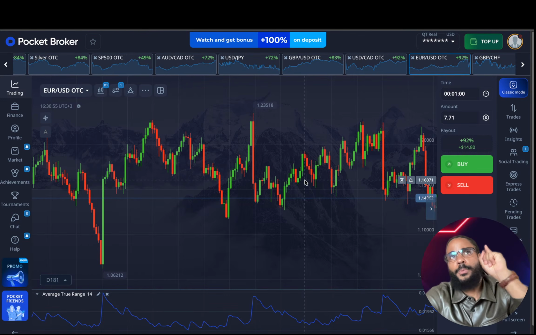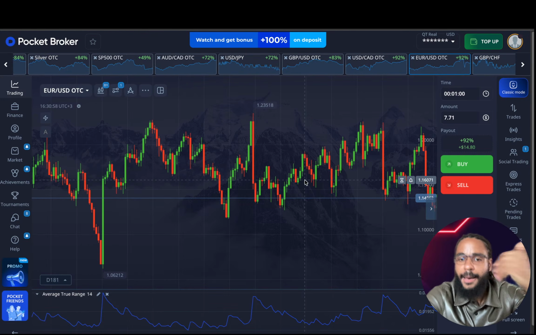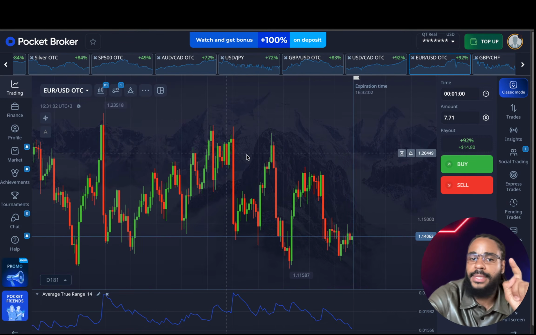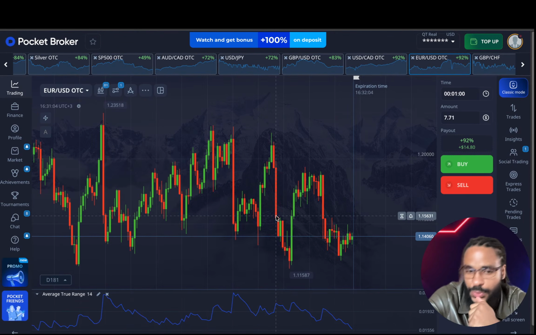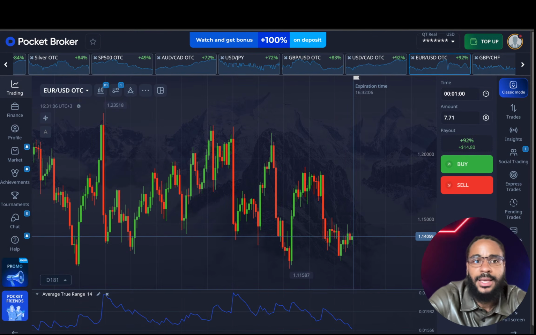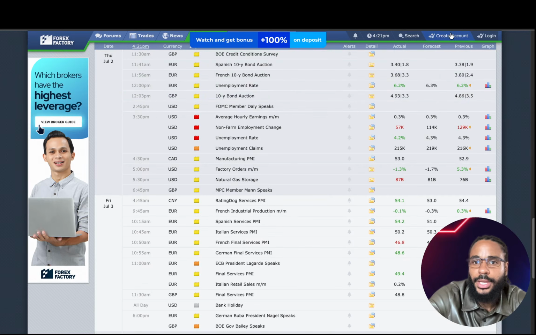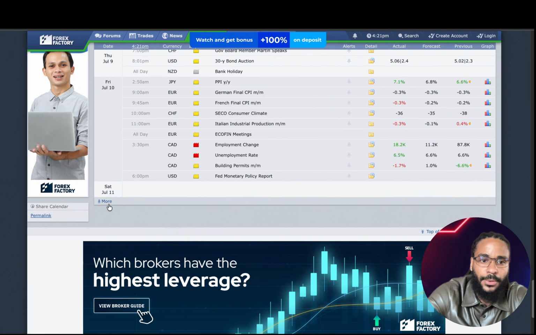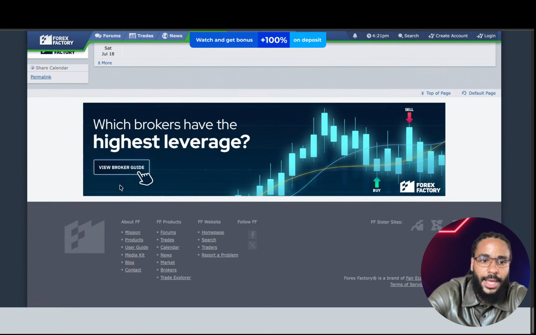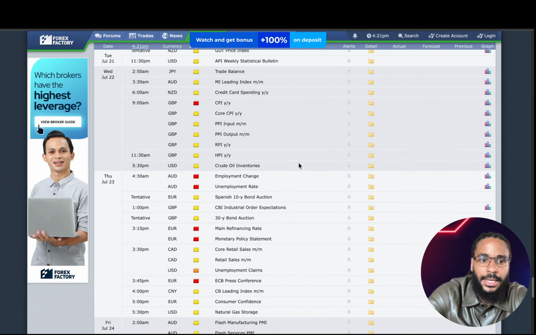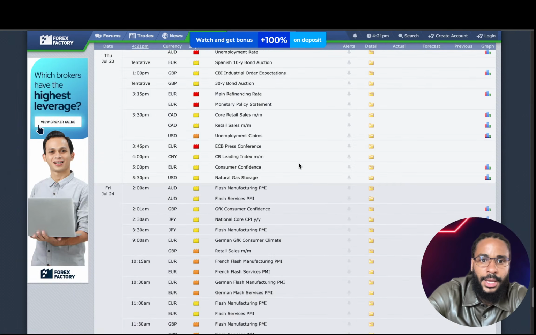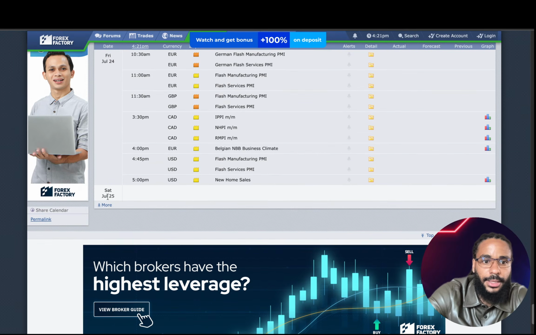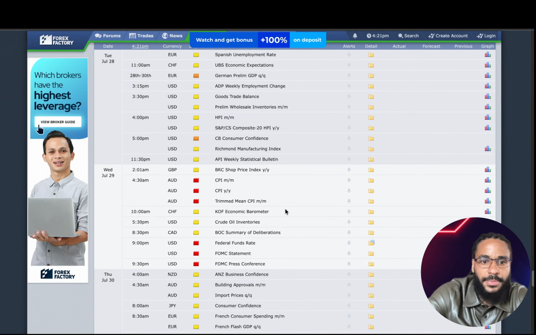The Federal Open Market Committee happens 8 times a year, all right? The next one is going to be at the end of July, which is the 28th to 29th. So that is less than 2 weeks away. If you scroll all the way down, you're going to see that towards the end of the month it's very crucial, which is about the 28th.